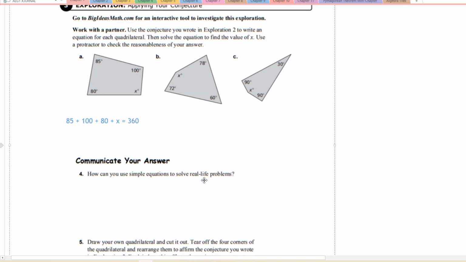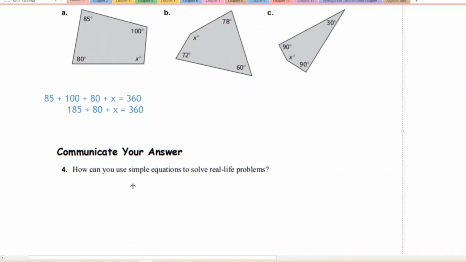Well, if I added all those numbers together, I should get 360. So that's nice. These four angles added together is 360. Well, I can add some of these together. For example, I know 100 plus 85 is 185. So that tells me 185 plus 80 plus x is equal to 360. Let's zoom in a little bit here.